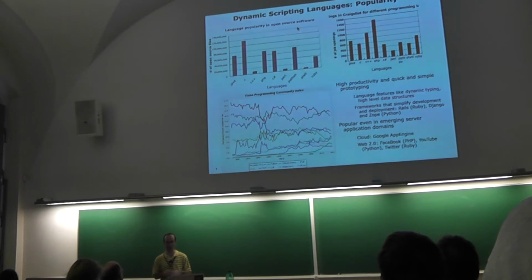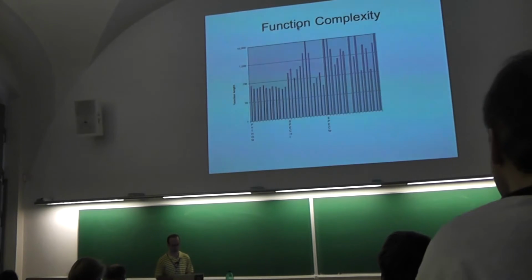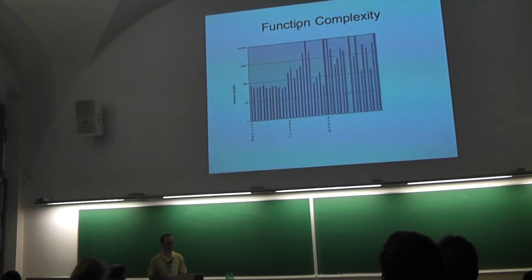A lot of PHP is used inside Facebook, so there's more and more extensive use of these languages and opportunities for optimization and for improving the performance, especially in these very large scaled-out systems, whether it be YouTube or Facebook or Twitter, use of Ruby. So what are the characteristics?